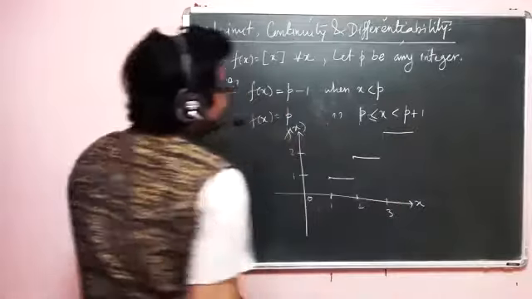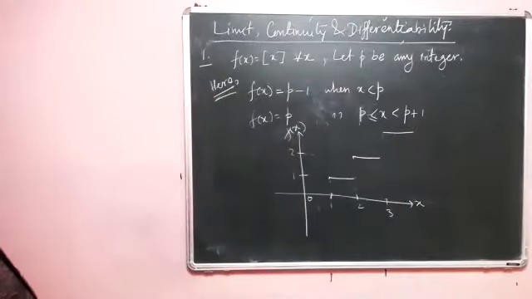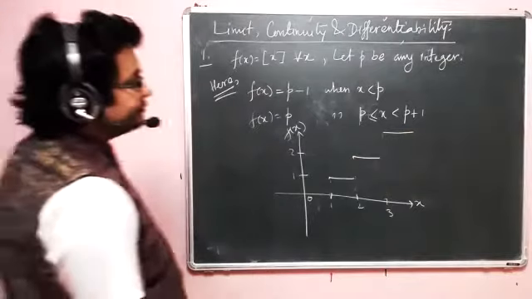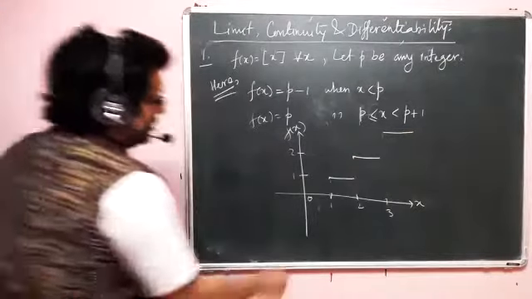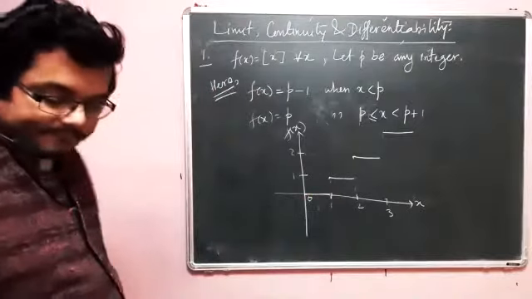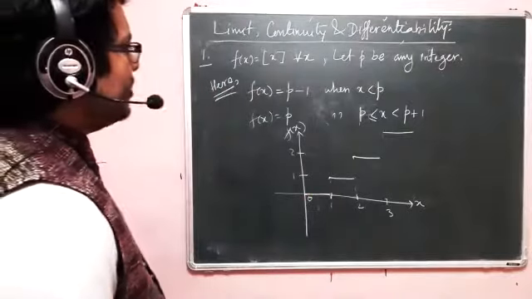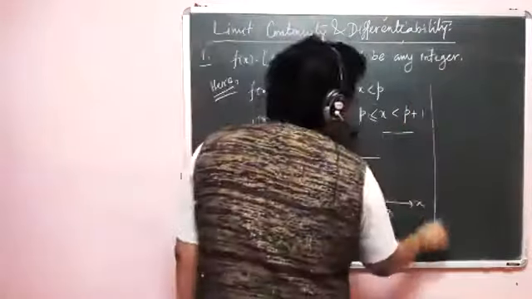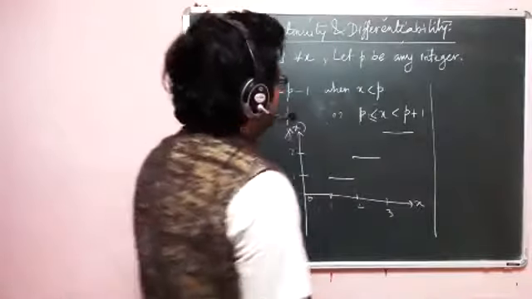So it goes like this. All right. And here it goes like this. Now, how do we write this? We write it very simple.